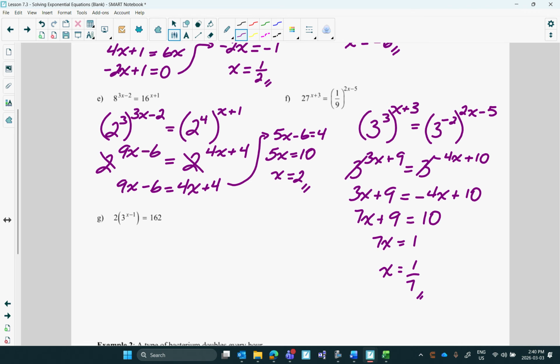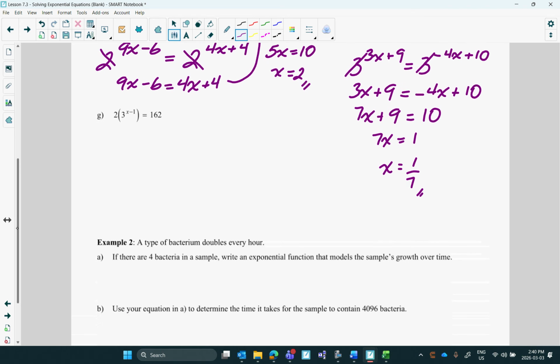I throw in this last one because I've seen it on the provincial. What makes this one a little weird? Yeah, that 2. How could I get rid of that 2?